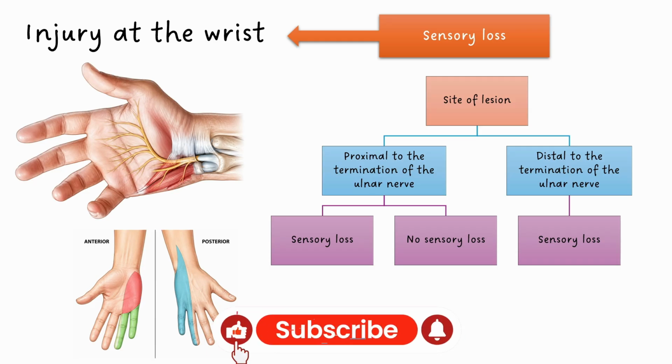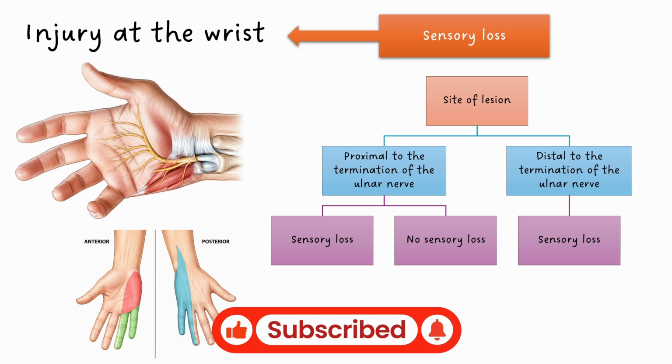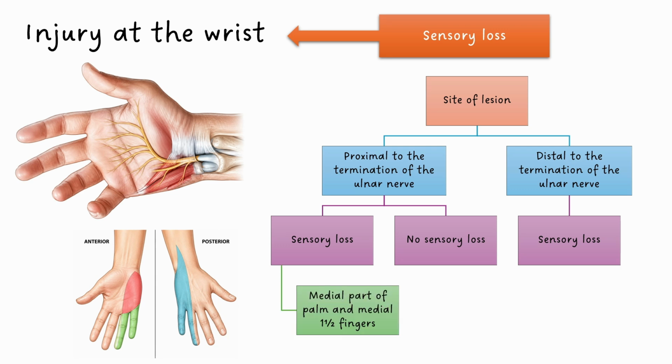So if the lesion is proximal to the termination of the ulnar nerve, we see the sensory loss over the medial part of the palm as well as the medial 1.5 digits on the palmar aspect. And we will not see any sensory loss over the dorsum of the palm and medial 1.5 fingers, because the dorsal cutaneous nerve is given before the ulnar nerve enters the hand.